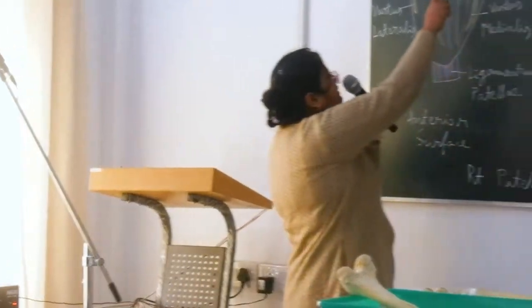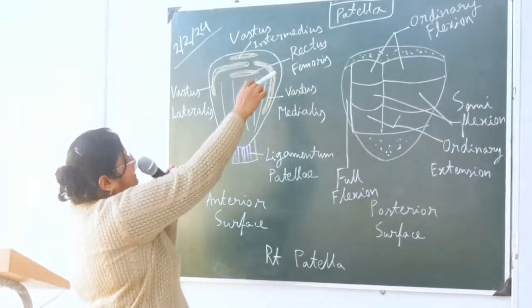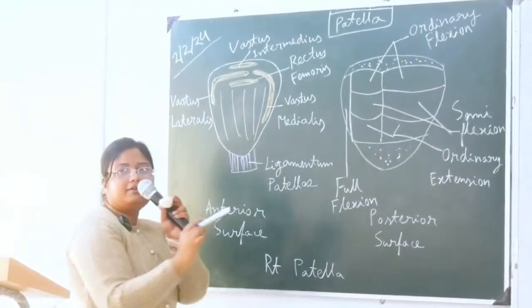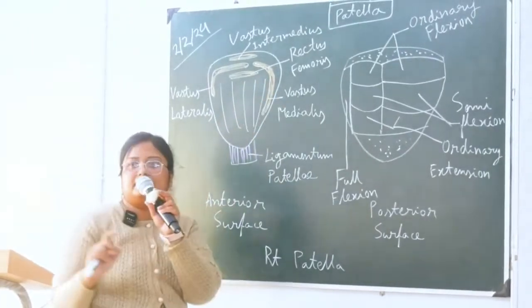From anterior to posterior, anterior most is rectus femoris. Then in the same plane, 2 vasti, vastus medialis and vastus lateralis. Vastus medialis is attached to the medial one-third of the base, and it extends along the medial border of the patella and is attached to the upper 2/3 of the medial border.